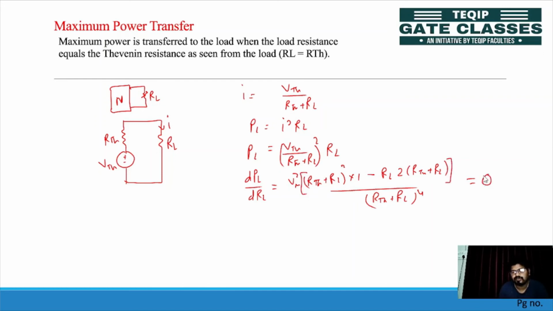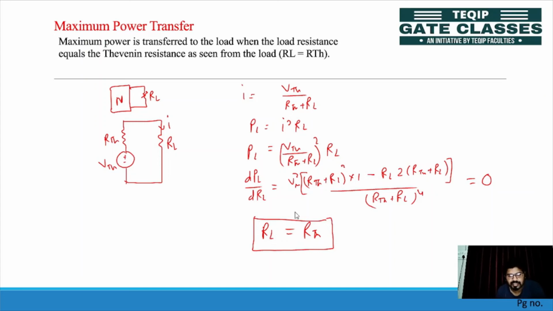You have to equate it to 0 to find the condition for maxima. From here you will get the relation that for the power to be maximum, your RL should be equal to RTH. So this is your condition for maximum.